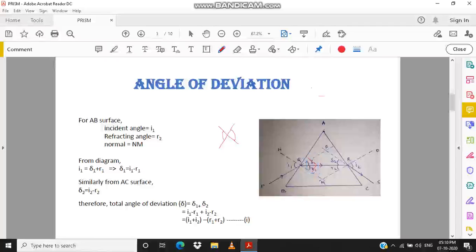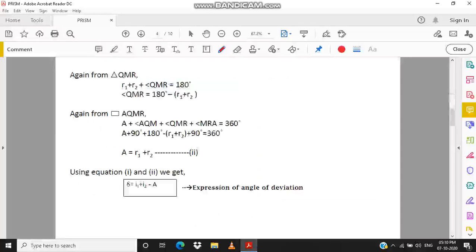When this one is 90 degree, this is a normal, so this is also 90 degree. Similarly, this angle, that is MRA, is also 90 degree. And we have already calculated the value of QMR, that is 180 minus (R1 plus R2). We substituted over here and then we find this equation.